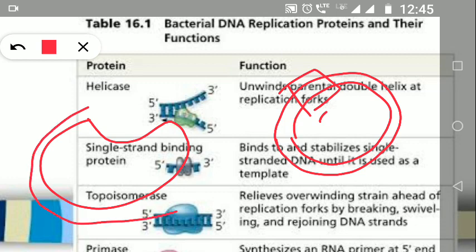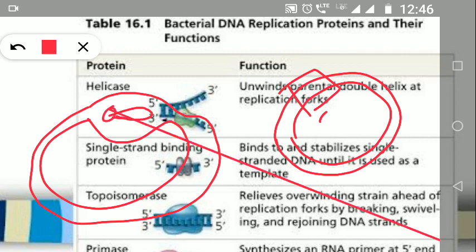At the origin site, a bubble is formed. So now the two strands will be separated. It looks like the theta symbol in mathematics, and these junctions are known as replication forks.